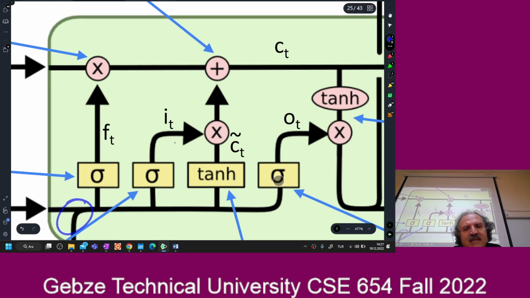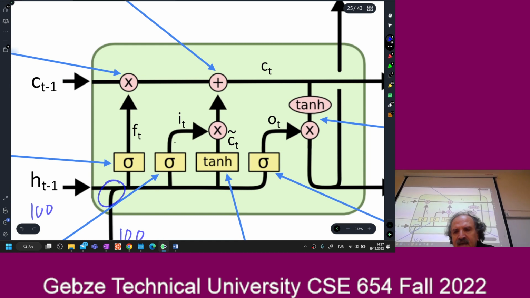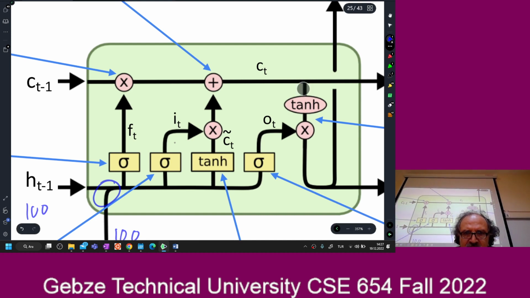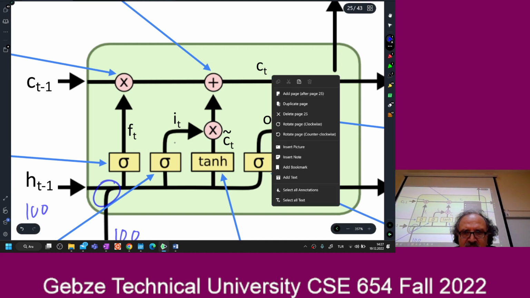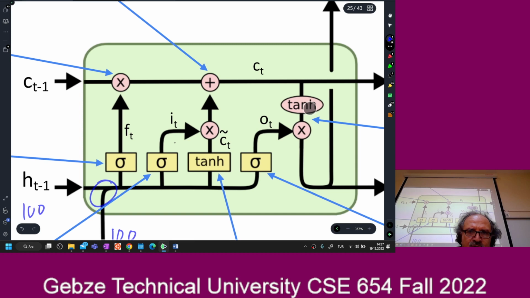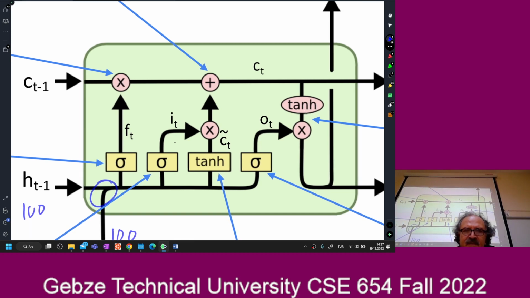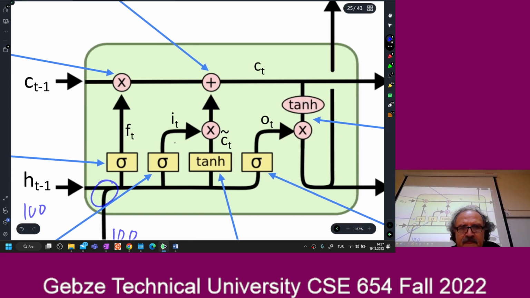And this one says what should I output from my current hidden state? What should I output? Again, this one is, let's say, 100 dimensional, right? The 100 dimensional vector is going to come here. There is no network here, right? These are all functions.